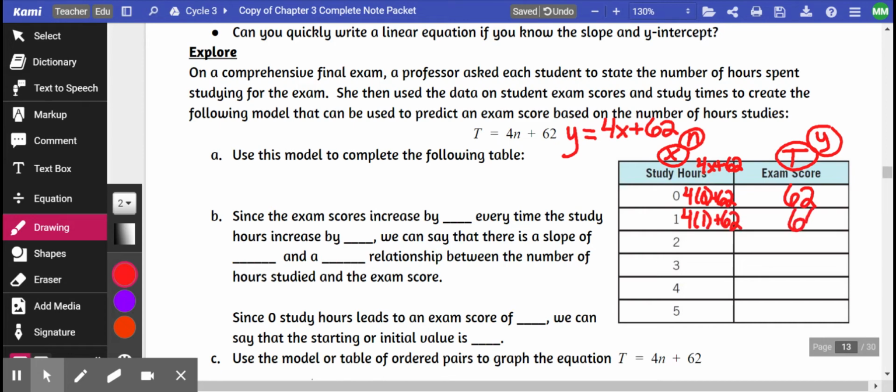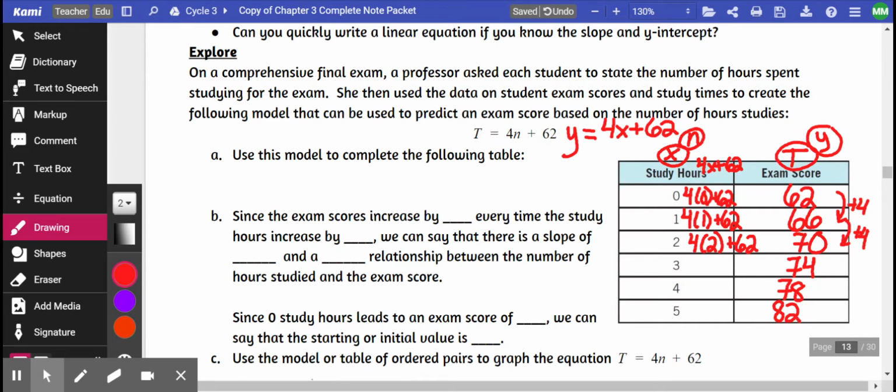So I'll get 66. This one, I'm going to plug in 2. So this would be 4 times 2 plus 62. I get 70. And you can see a pattern here as you go that they're increasing by 4. So this one would be 74, and then 78, and then 82.